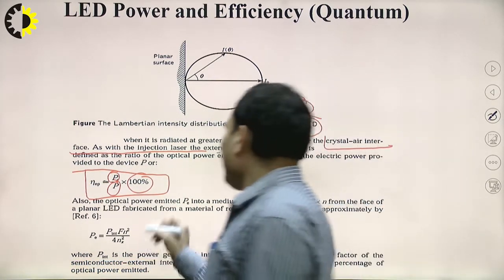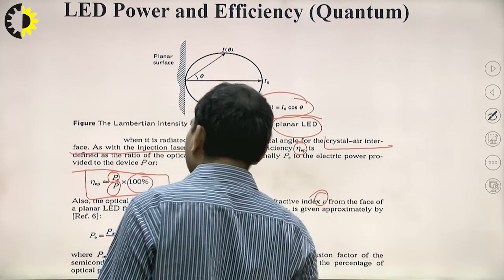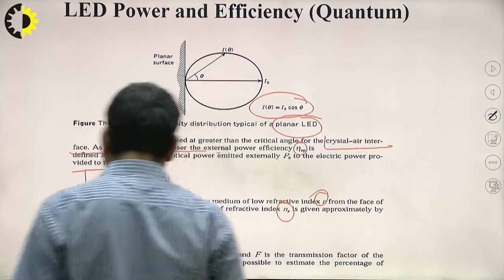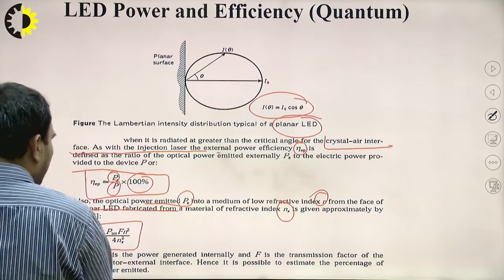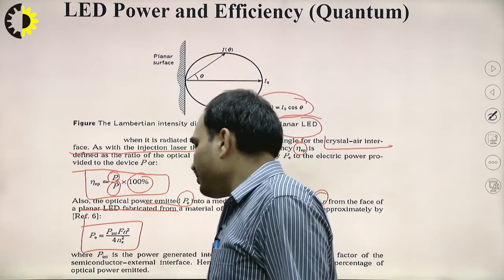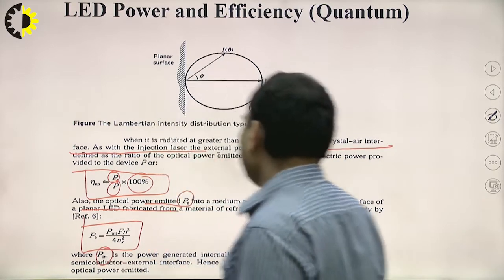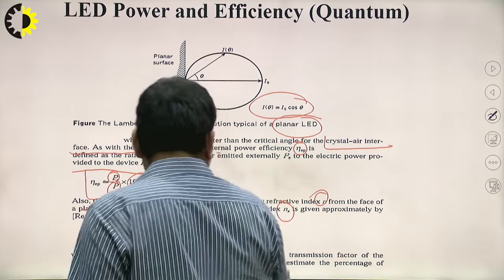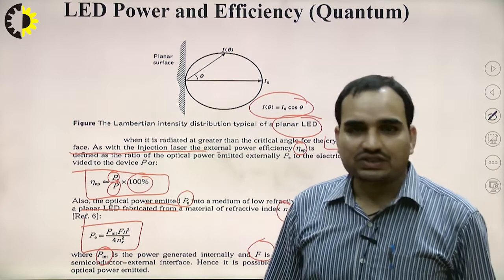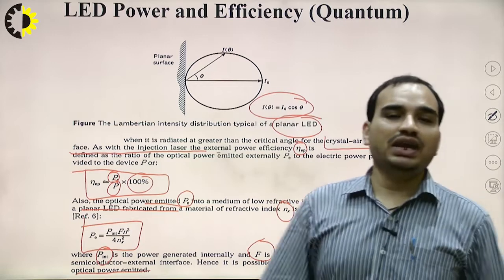So the optical power emitted, PE, into the medium of low refractive index N from the face of the LED fabricated from the material of refractive index Nx is given approximately by PE equals the internal power multiplied by F into N squared divided by 4 Nx squared. Here the power internally generated is P int and F is the transmission factor of the semiconductor external interface. Hence it is possible to estimate the percentage of optical power emitted.